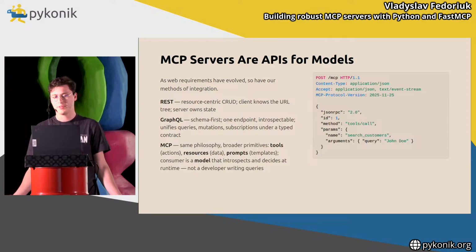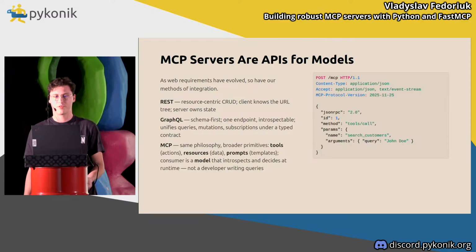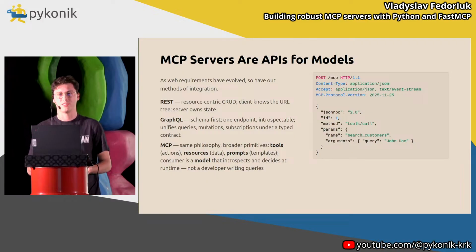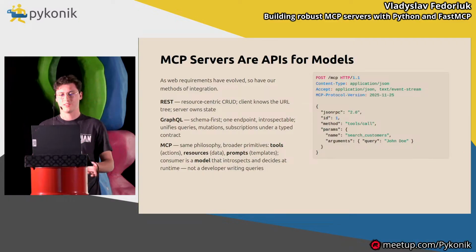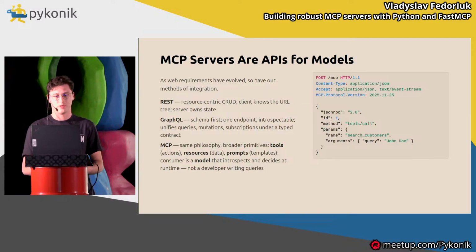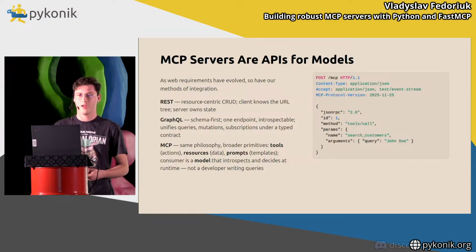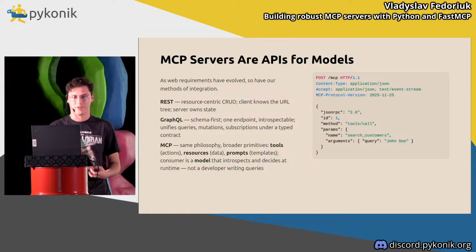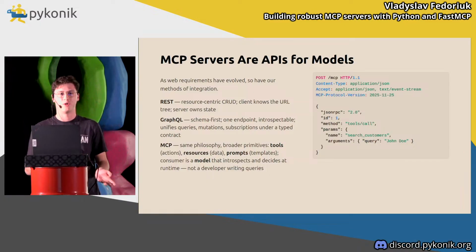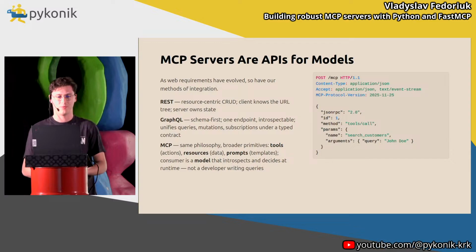And now we have MCP, which, as for me, reminds me more of GraphQL than REST, because it still introduces quite similar concepts such as tools, resources, and prompts. It also has, in principle, one endpoint which the clients could introspect to learn what they can do with a particular MCP server.